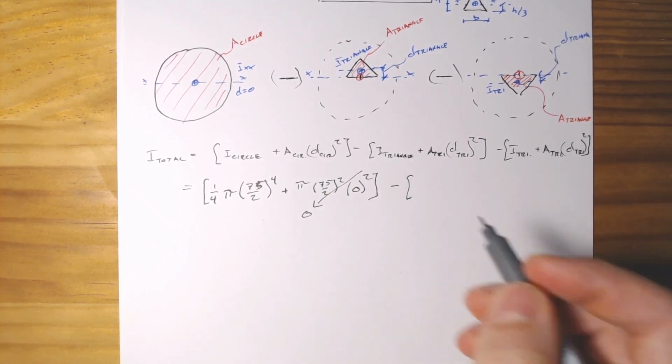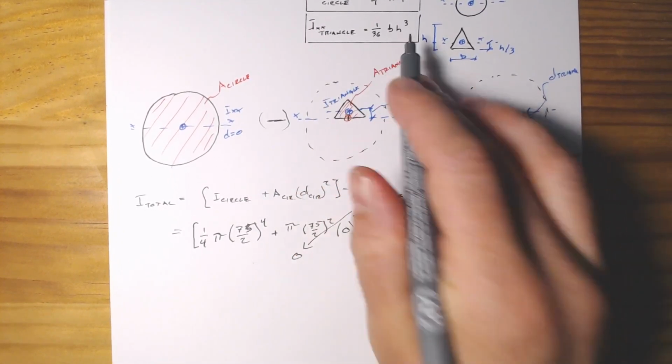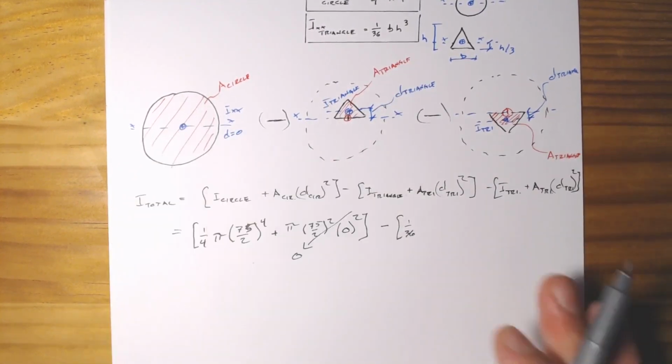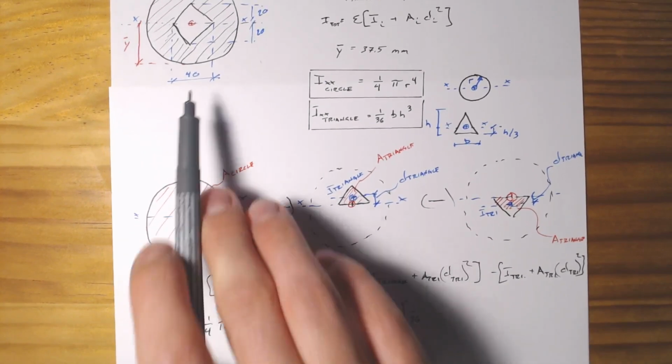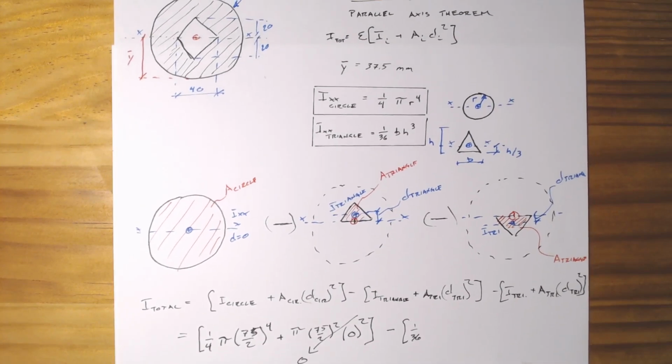So the moment of inertia of the top triangle is 1 over 36 bh cubed. So the width is 40. I think we can keep that all in frame there. All right. So width is 40 and times 20 cubed plus the area of the triangle is simply going to be 1 over 2 times 40 times 20, so 1/2 base times height.